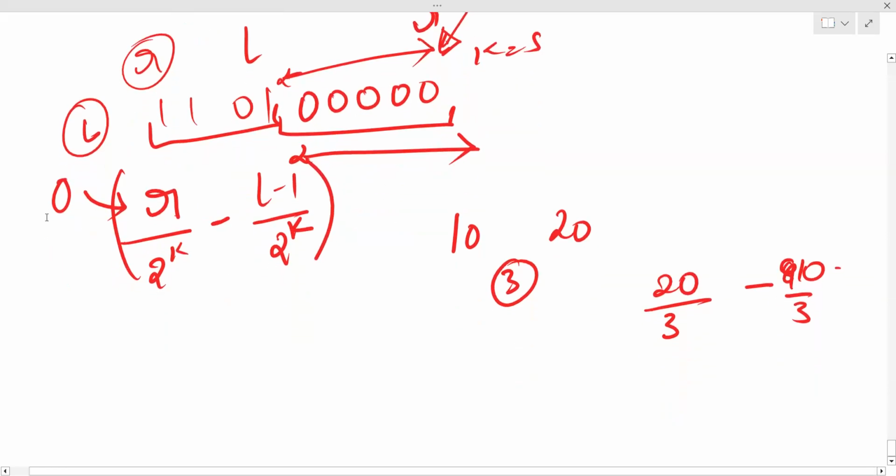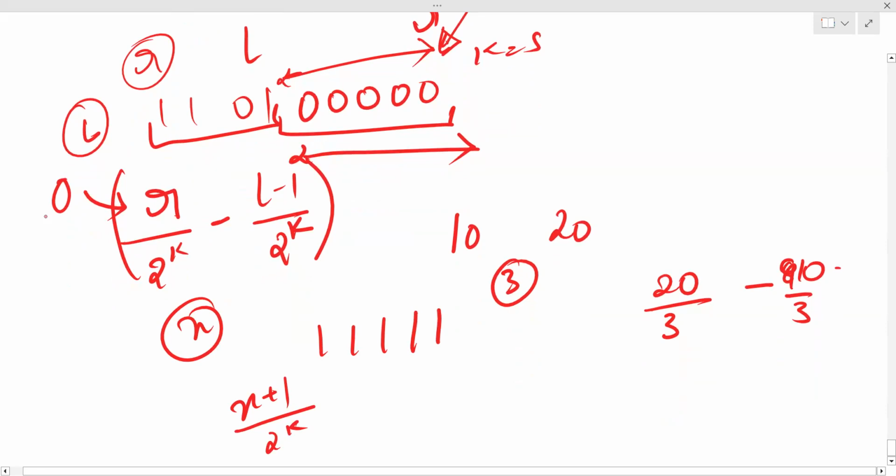And how to see for open? If your last k digits are open, x plus 1 should be divisible by 2 to the power k. Why? Because if you add 1 to this number, you'll have this bit open, and this is nothing but the kth bit, so this is 2 to the power k, not k plus 1.